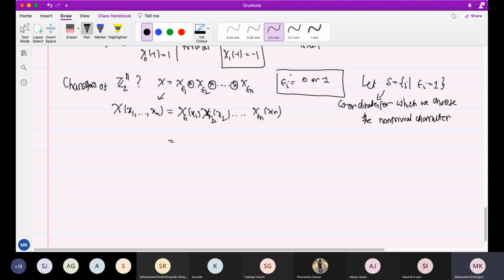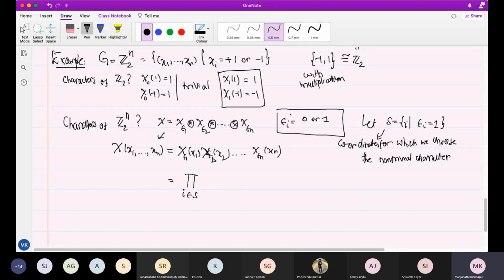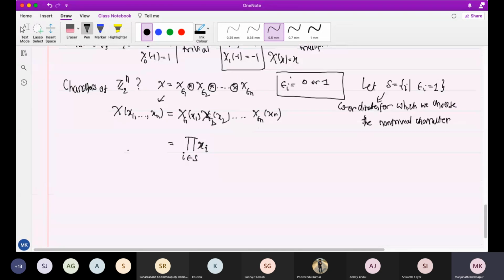All those epsilon i which are not in S give the trivial character, which is 1, so only the i in S matter, and I don't even need to write the others. For the non-trivial character, chi 1 of x is just x, since minus 1 goes to minus 1 and 1 goes to 1. So chi of x1, x2, up to xn is the product of xi over i in S.